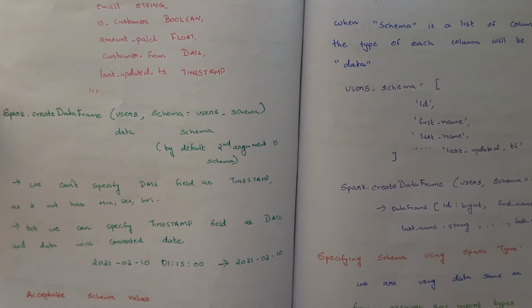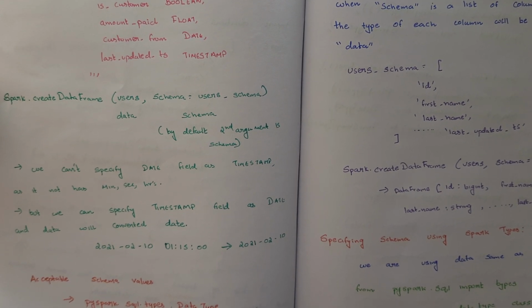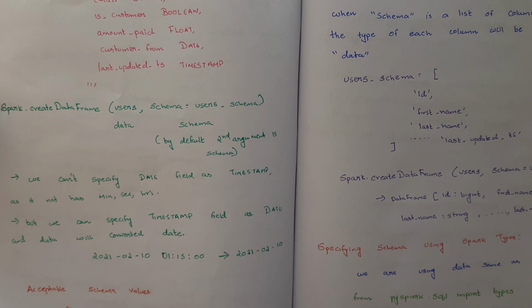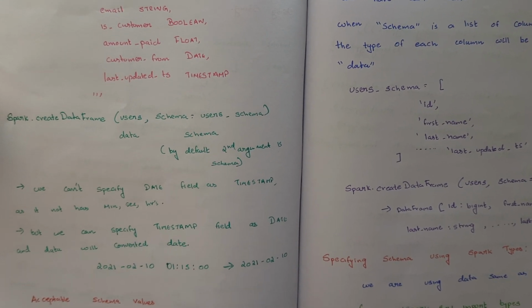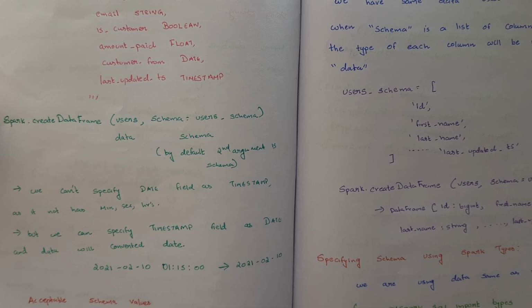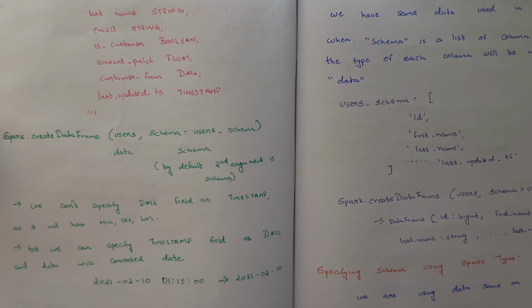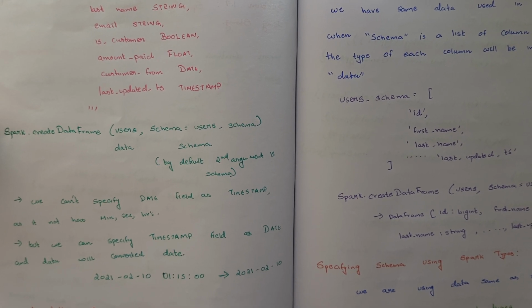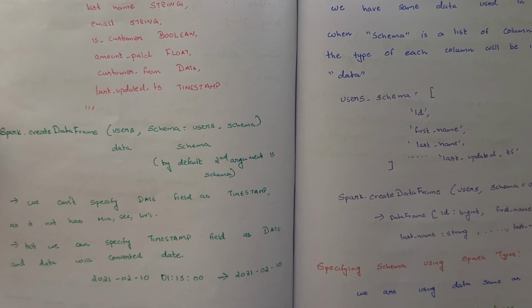We can't specify the date field as a timestamp, as it does not have the hours, minutes, and seconds. So what I'm trying to say is, take customer from, which is a date. Let's say I want to cast this customer underscore from as a timestamp, which won't be supported because it is not compatible, as the date does not have the hours, minutes, and seconds.